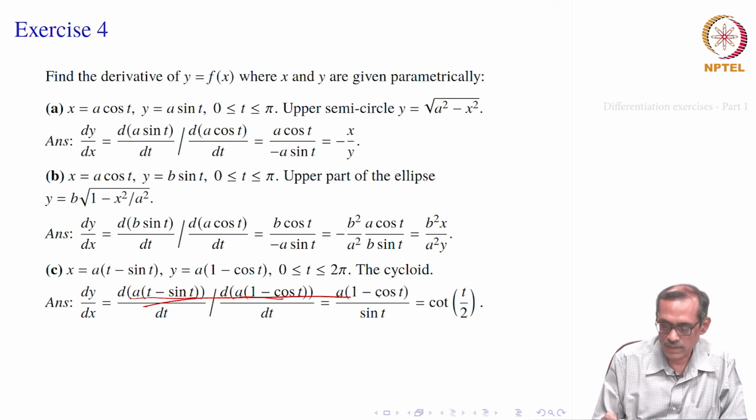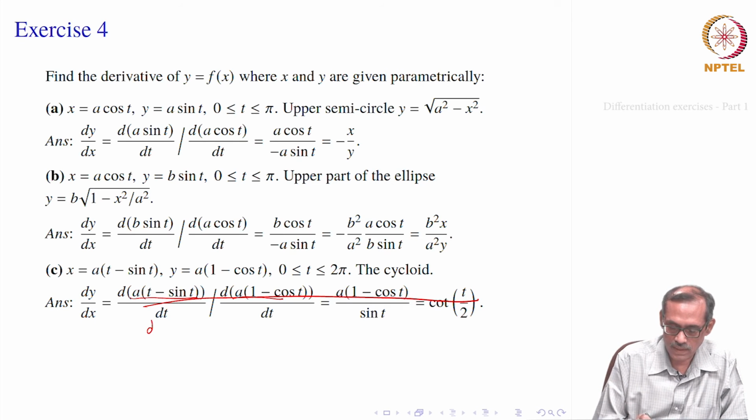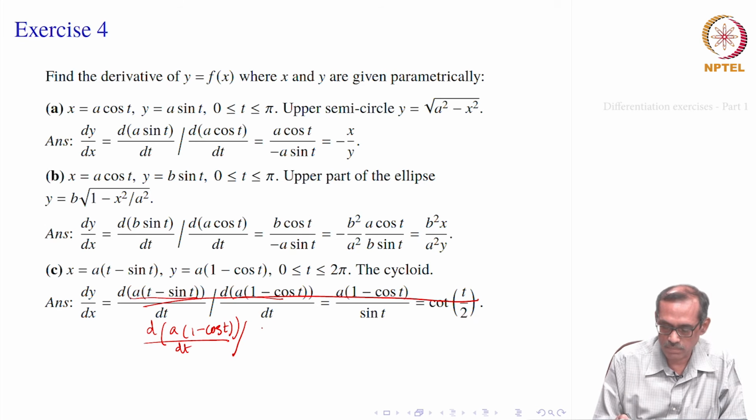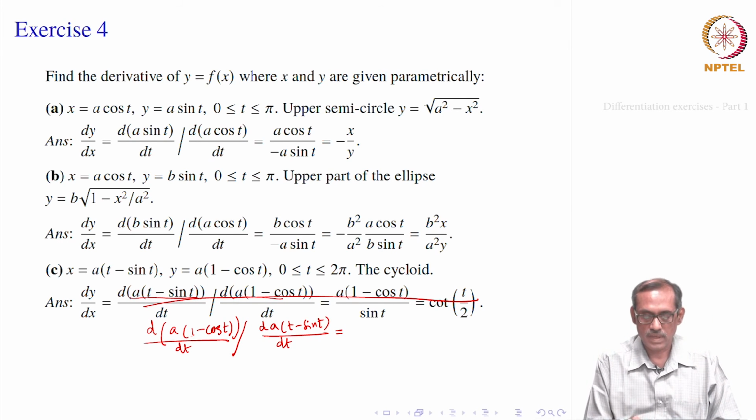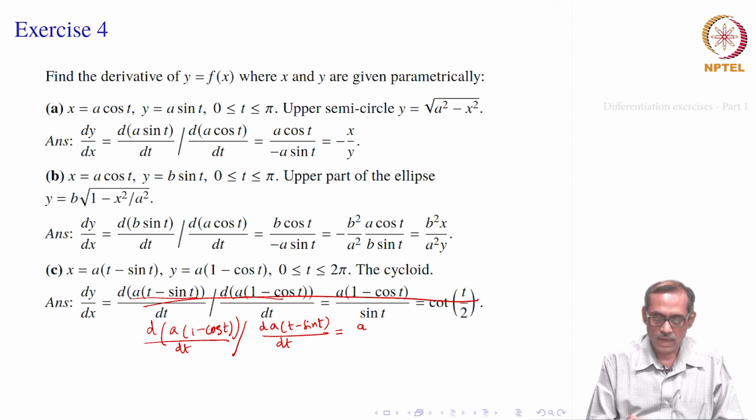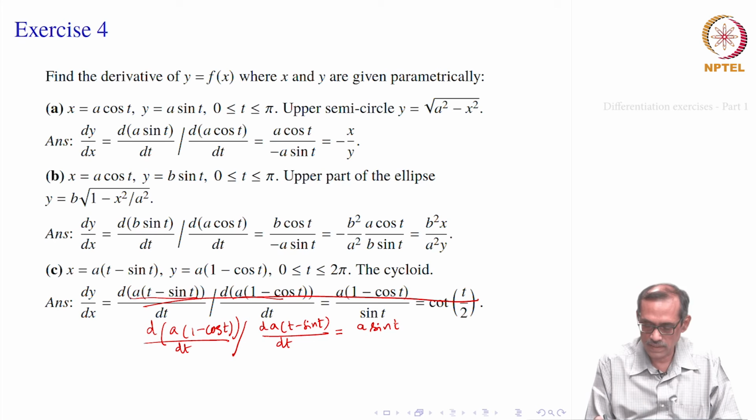So, this should be d of a into 1 minus cosine t over dt divided by d of a into t minus sin t over dt. So, a remains, and the derivative of 1 minus cos t gives you sin t, a sin t.